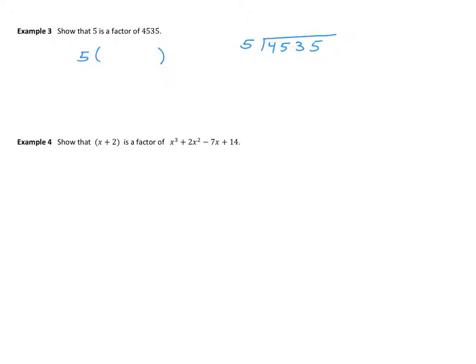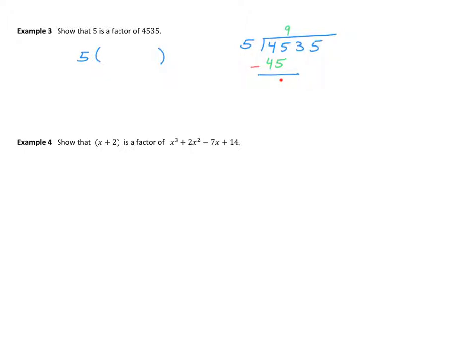Well, for starters, I'm going to skip over this first spot and look at the 45, and 5 goes into 45 a total of 9 times. So you get 45, and we're placing this here so we can subtract it away, and it actually gives us 0.